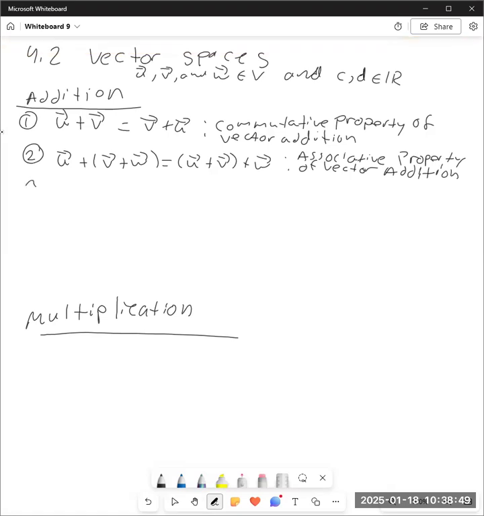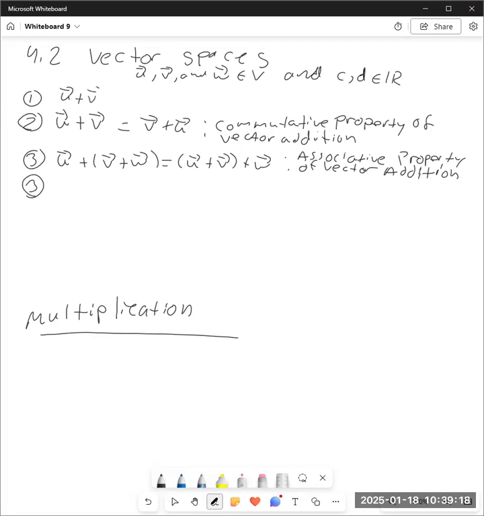Okay. 3 is, oh, I'm sorry. This is 3. This is 2. I forgot my closure property, which is the most important one. It's actually number 1.